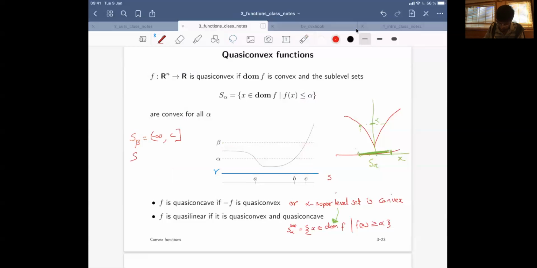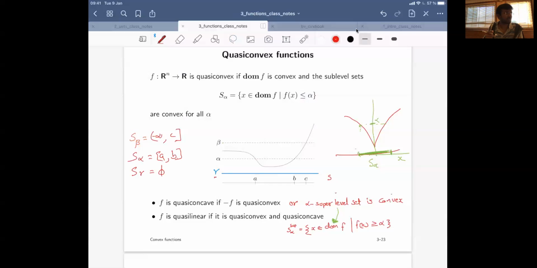So what will be the alpha sublevel set here? It will be a to b. Now, for example, I'm drawing a different thing, gamma. What will be the sublevel set for gamma? Yeah, it's a null set. You cannot say zero because it is a set. So if there is no element in that set, it is a null set.